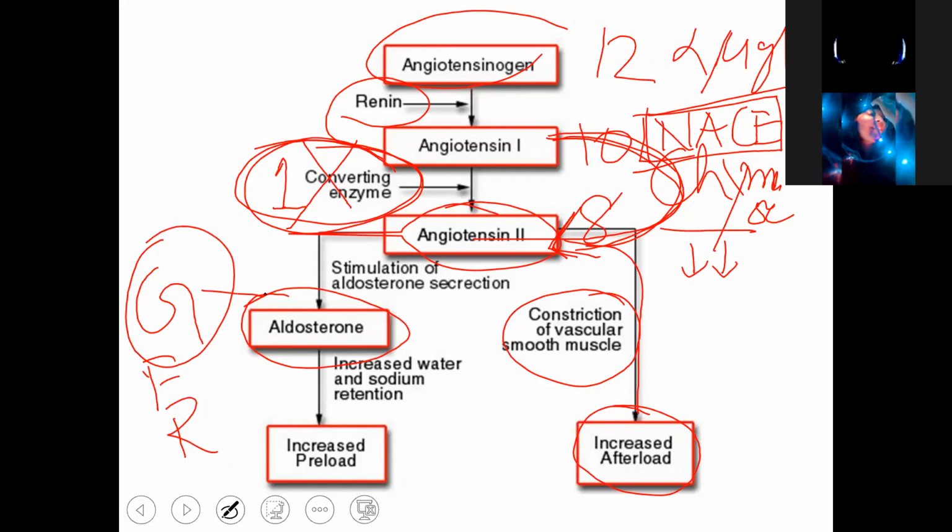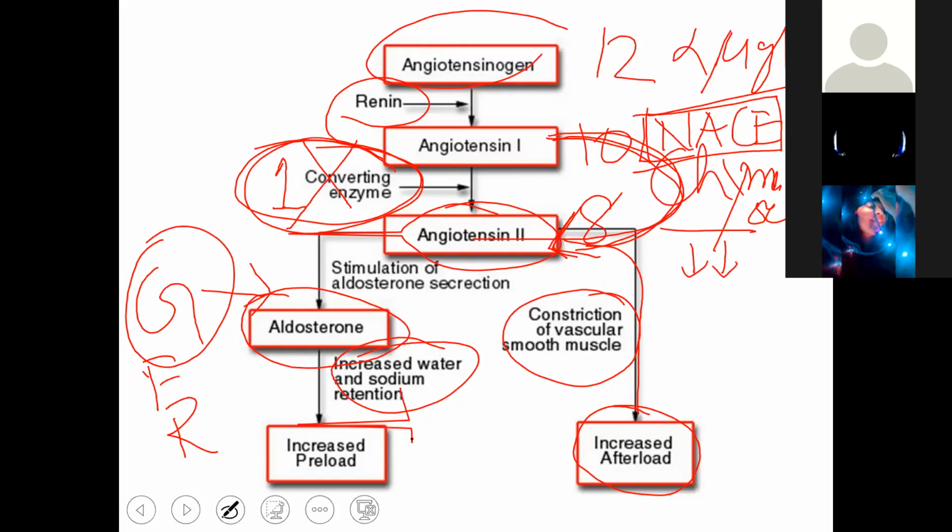Particularly zona glomerulosa is responsible for the salt regulation. So the aldosterone is secreted from zona glomerulosa of the adrenal gland. When the aldosterone is secreted, there is increased sodium and water retention. Because of this, there is increased circulatory volume.